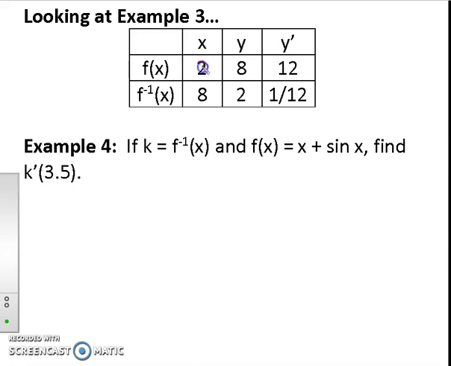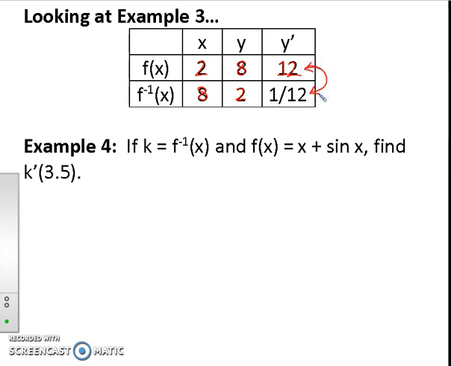I would have started off with the point (2,8), and I figured out that its slope or derivative value was 12. Well, if (2,8) was the point on the original, then automatically (8,2) would become the point on the inverse. And as long as I can find the value of the original derivative, all I have to do to get to this final answer is take the reciprocal of it.